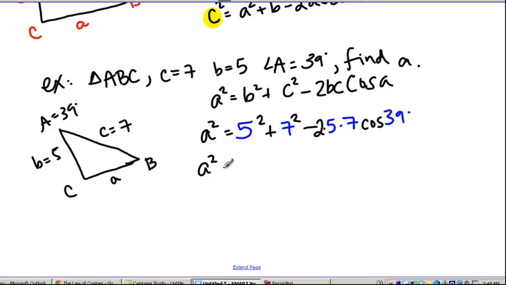So you should have a squared equals 74 minus 70 cosine of 39.